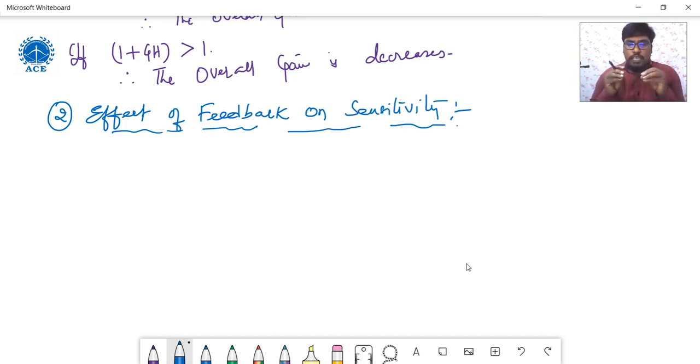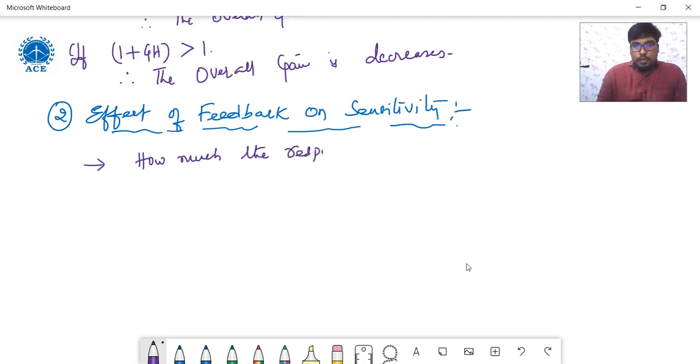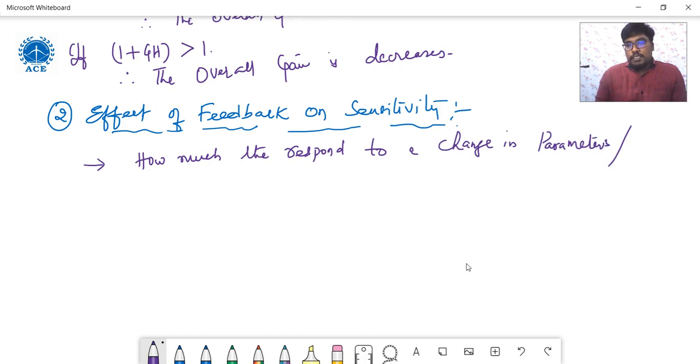Sensitivity is nothing but how much the system responds to a change in parameters or input. For sensitivity, we need to consider whatever parameters exist in the closed loop system, and also what input we are giving.